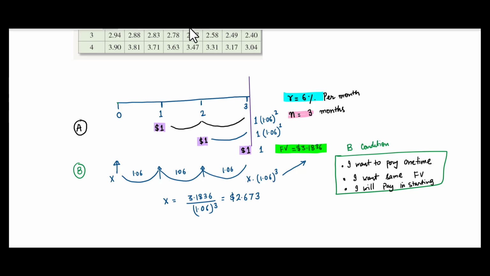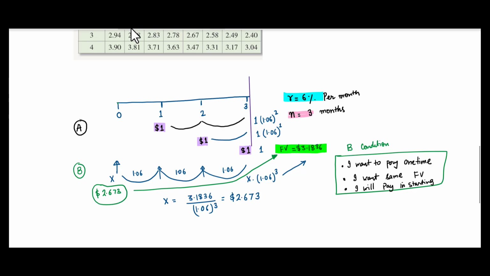That means this guy here has to deposit $2.673 to get the same future value. So B is making sure that he is depositing just one time at the starting of the period, and he should also get the same future value. Based on the simple compounding formula here, he has to deposit $2.673.